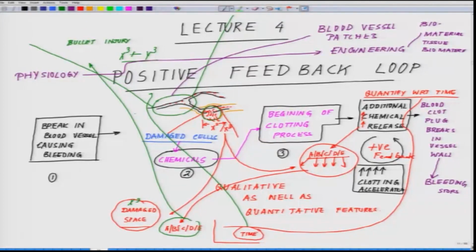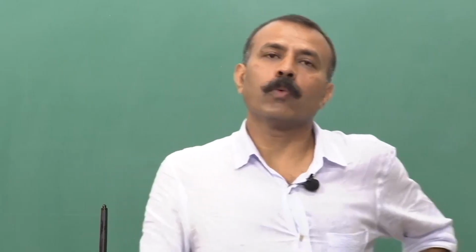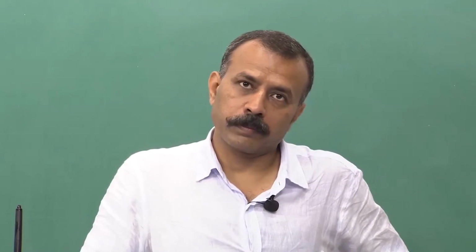So in order to understand any of these things, one has to have a clear idea how the physiology is taking its own course and what are the limits of a system.